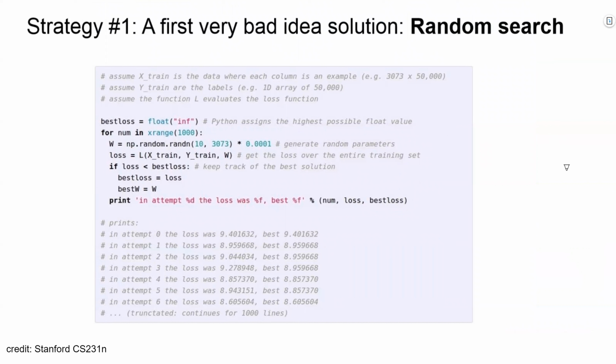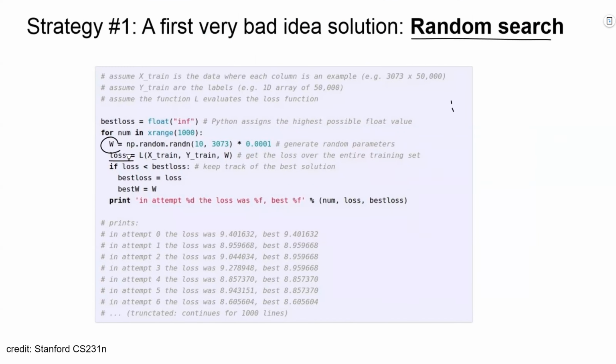The first strategy we could take is random search. What I mean by random search is as follows. We randomly generate W and then check the loss.